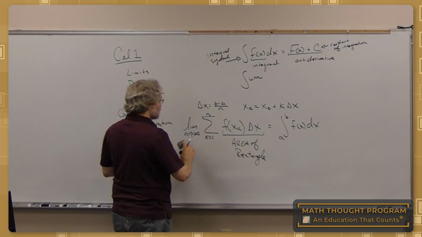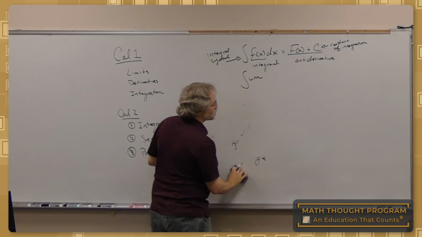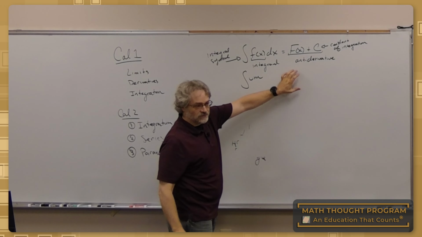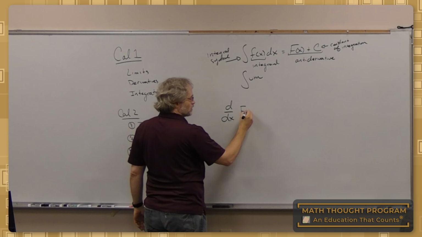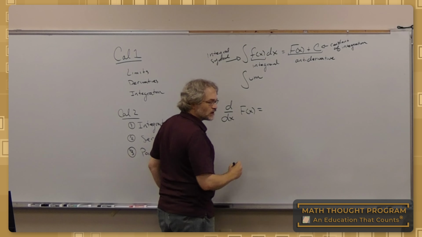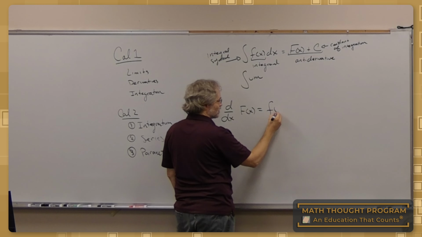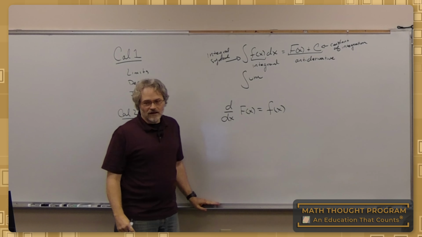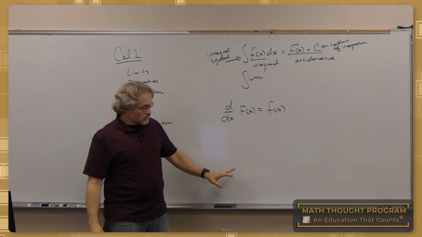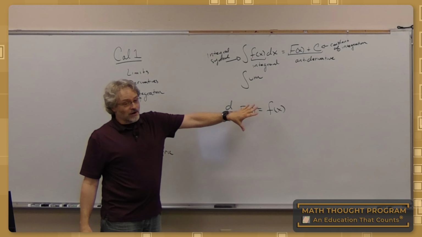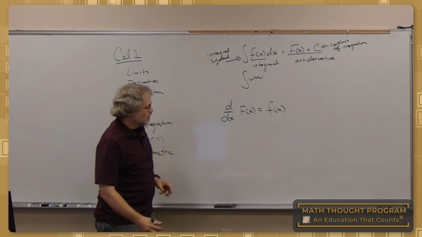But one of the things that we also did look at with integration is the relationship between the integrand and the antiderivative. So if I take the derivative of the antiderivative, you're right back to where you started, f of x. Okay, well, this is actually kind of groundbreaking, because it reveals how we can actually do some integration.